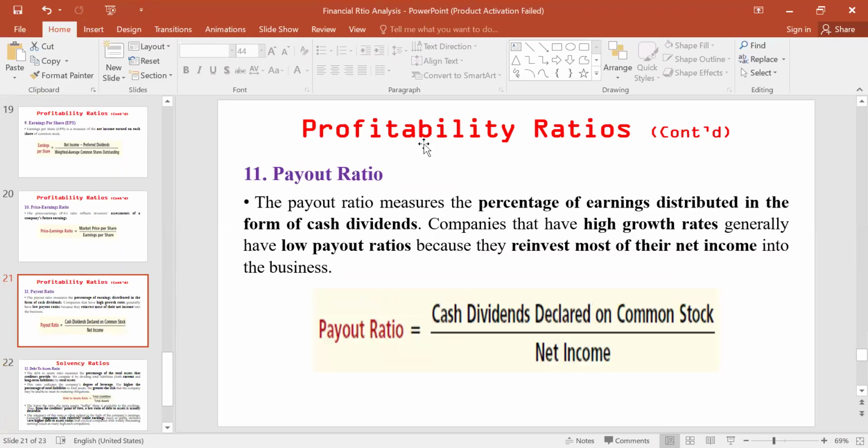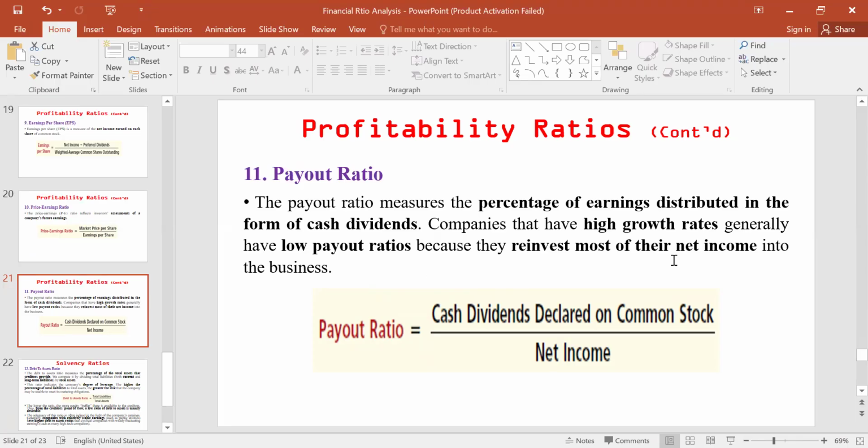Another tool and technique of profitability ratio analysis: payout ratio. The payout ratio measures the percentage of earnings distributed in the form of cash dividends. How much cash dividend, or what percentage of cash dividend, is received by a shareholder is indicated by this formula.